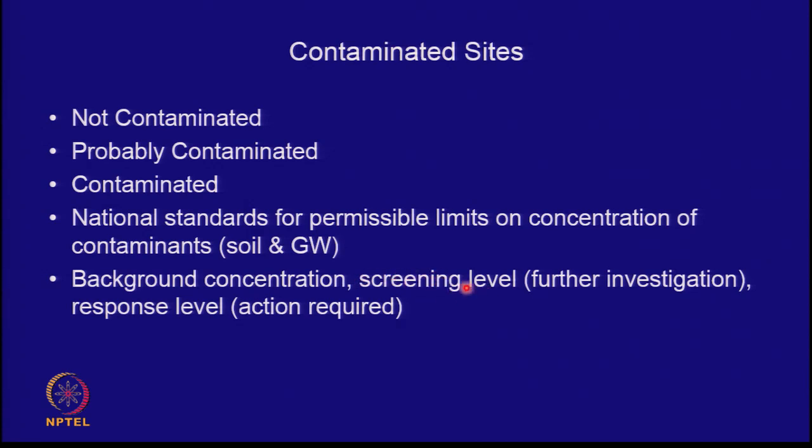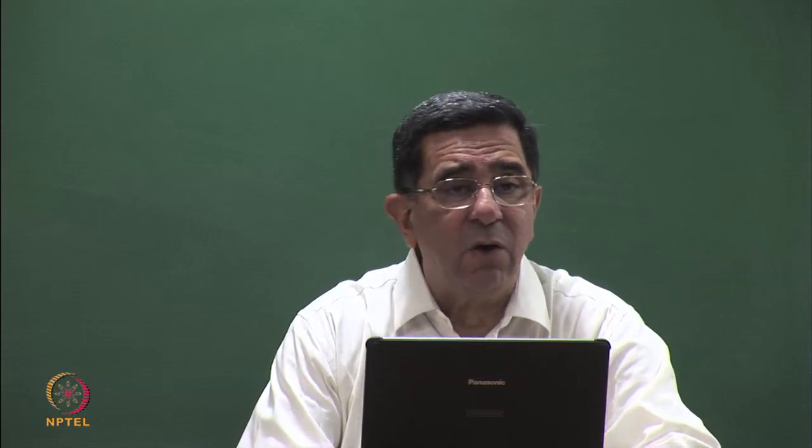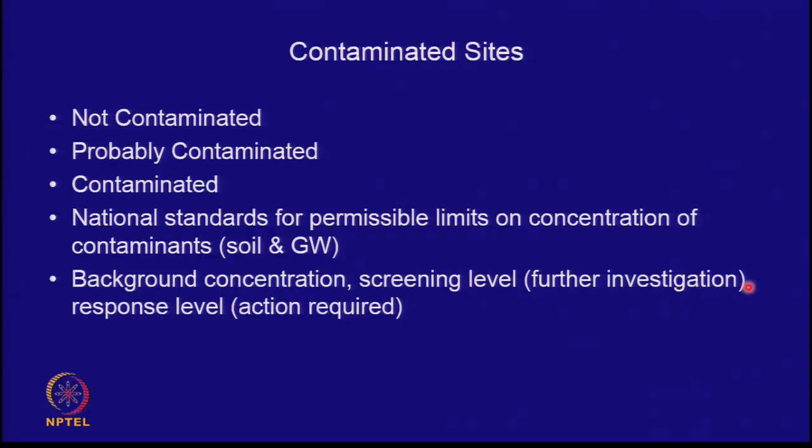If Y is higher than X, that means we have to now establish in what area Y is greater than X. Is it a local 1 or 2 sample reading, or is it that over 100 meters by 100 meters to 3 meters depth you've got some problem? So you do further investigations after your level of contaminant exceeds the background and the screening levels.